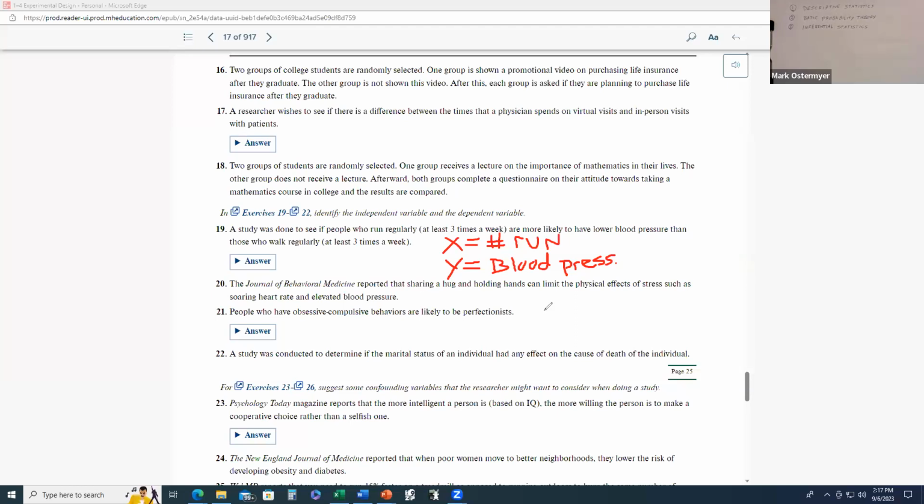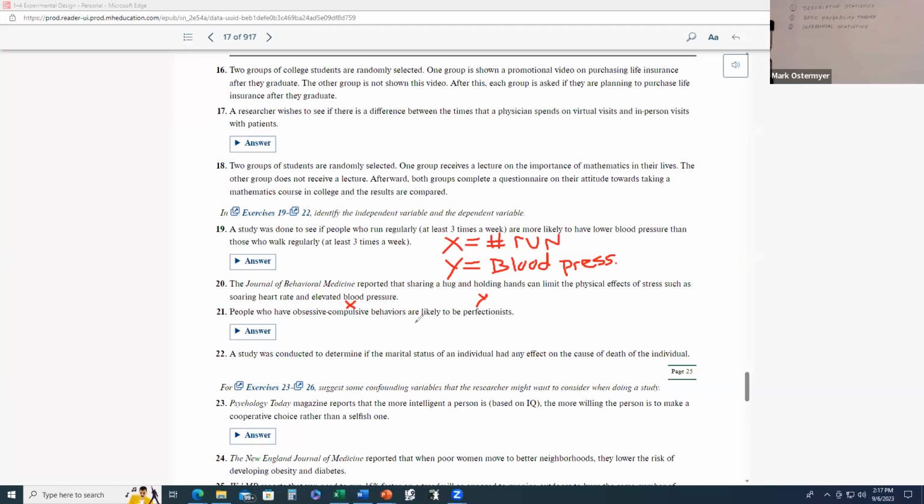You know what I'm saying? So would it be perfectionists versus compulsive behavior and where they meet? It kind of seems like that's the way you would go. Y for perfectionist, X for compulsive behaviors.